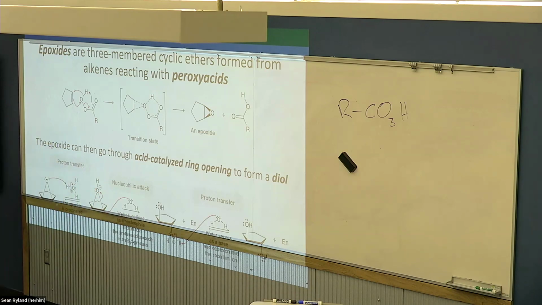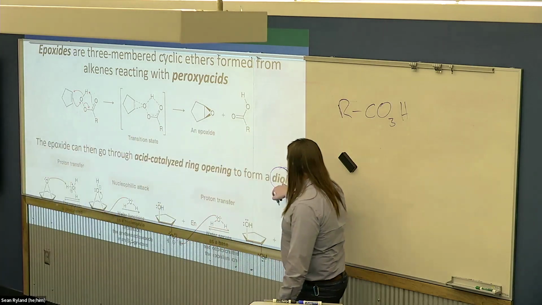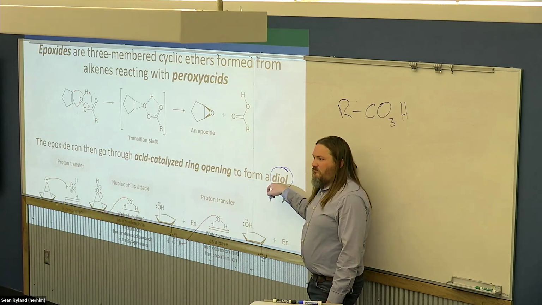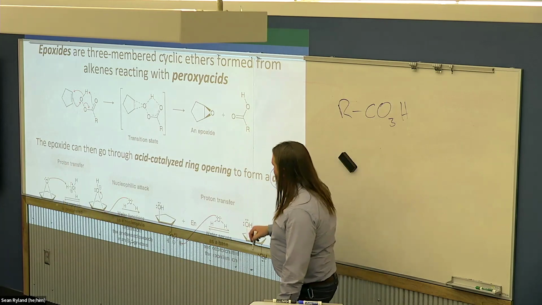So the net result is a dihydroxylation, but it only works to make the anti-addition, only works to make the trans diol. You just remember that diol just means two alcohols on the same molecule. In this case, they're adjacent to each other.